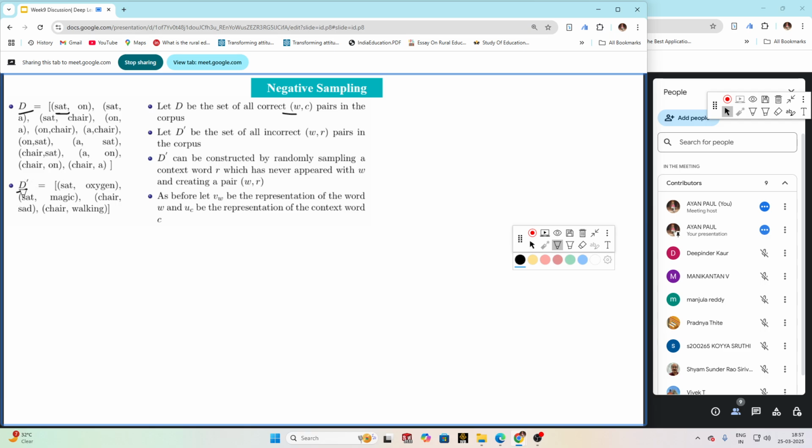Now we have the incorrect word-context pairs, like sat and oxygen. Sat and oxygen will not come together. Sat and magic might not come together. Chair and sat might not come together. Chair and walking might not come together. So these are the two sets that we prepare: one is the set of correct word-context pairs, and the second is the set of incorrect word-context pairs.